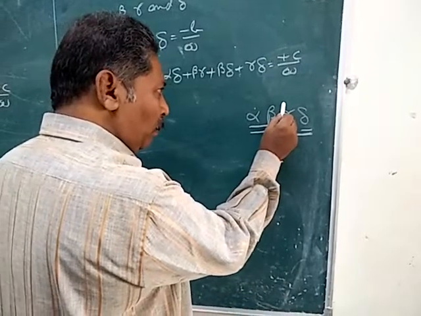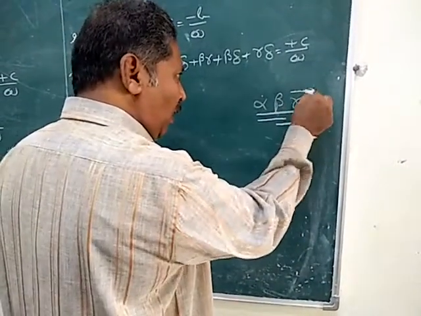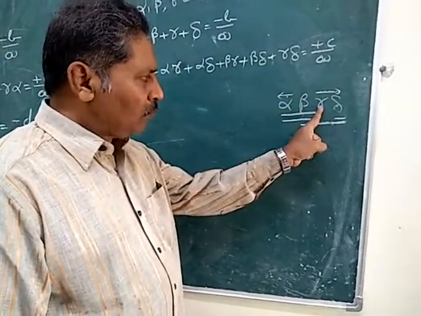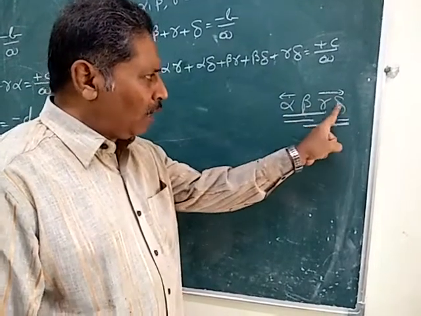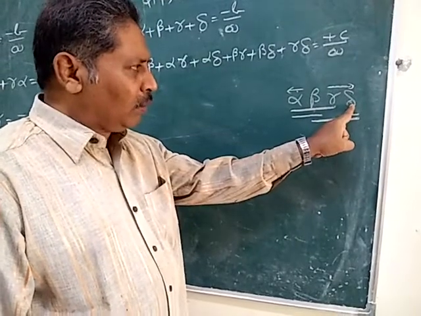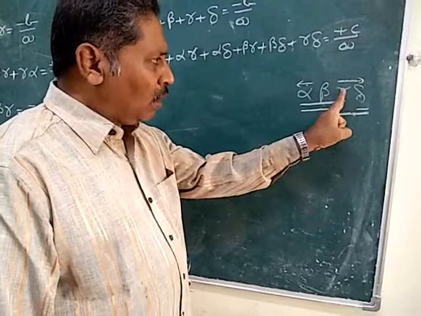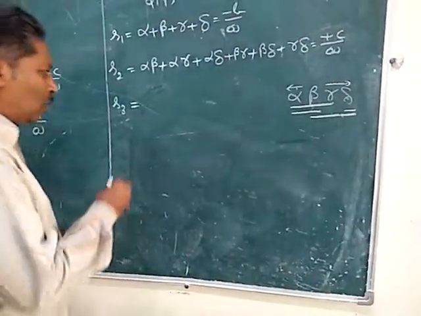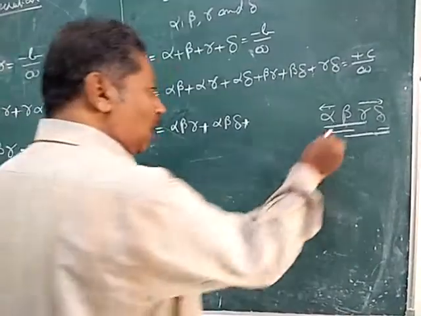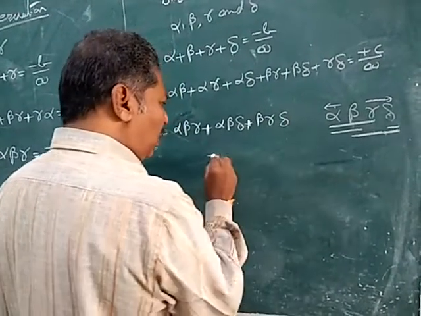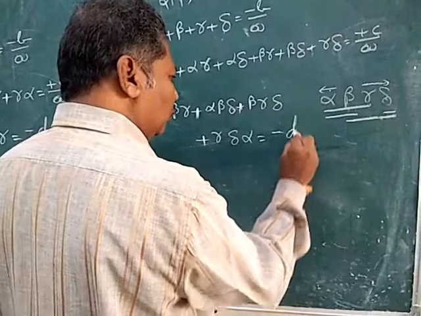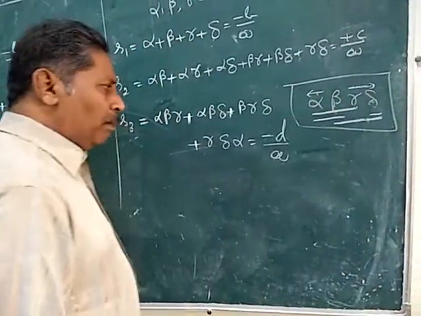Start with gamma: gamma, delta, alpha is the fourth set. So S3 is alpha beta gamma plus alpha beta delta plus beta gamma delta plus gamma delta alpha, equal to minus d by a.